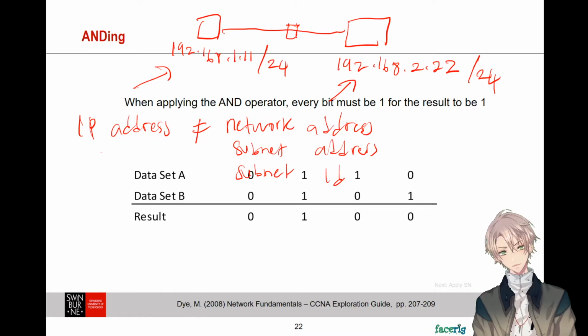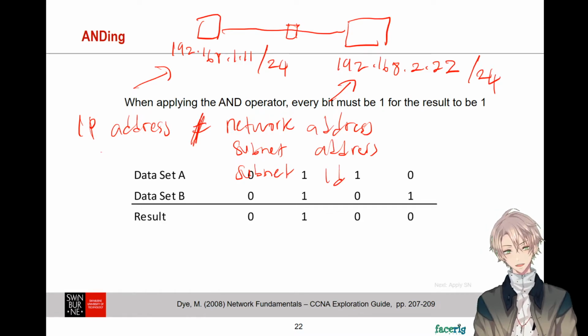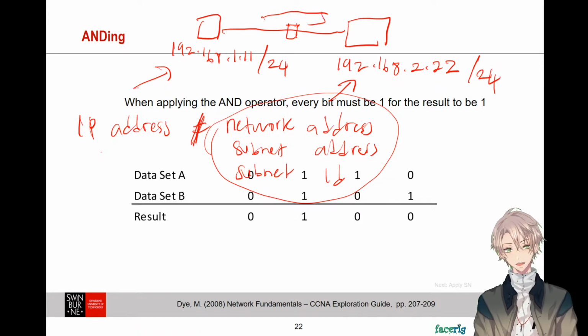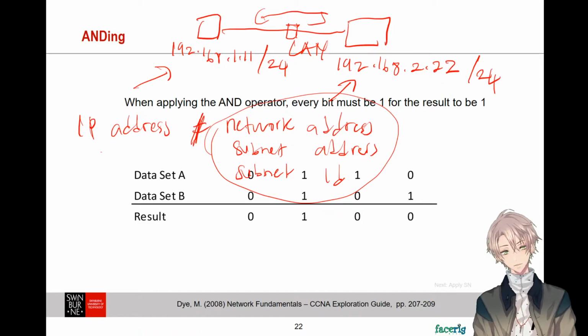You need to remember, the IP address is not equal to this. When you want to communicate two devices together in a local area network by only using a switch, you need the two devices to be in the same network.